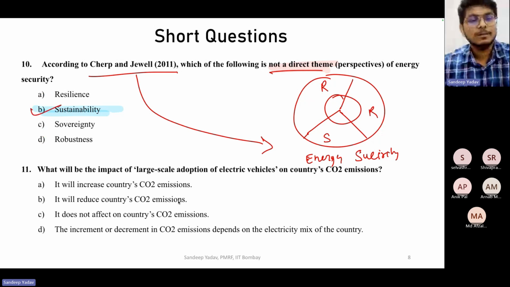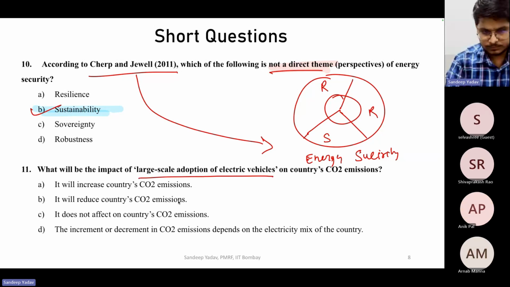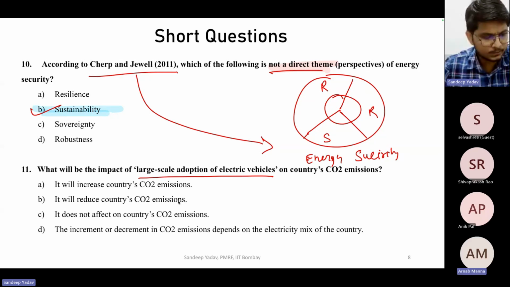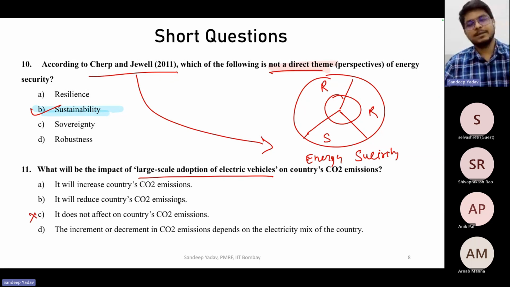Now, what will be the impact of large-scale adoption of electric vehicles on a country's CO2 emissions? Option A, it will increase the country's CO2 emissions. B, it will reduce them. C, it does not affect them. No, it will affect. D, the increment or decrement in CO2 emissions depends on the electricity mix.